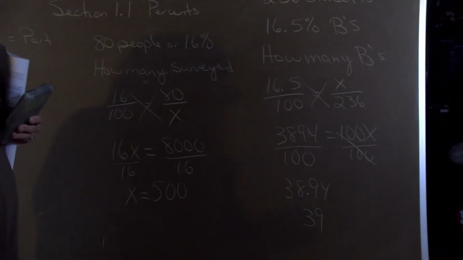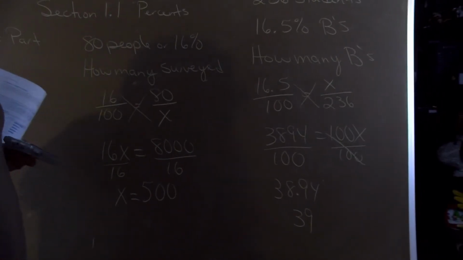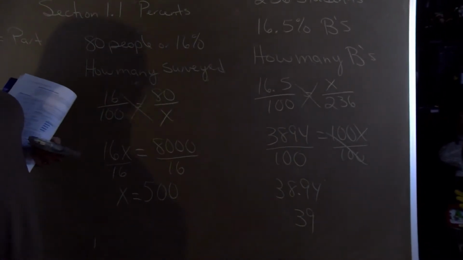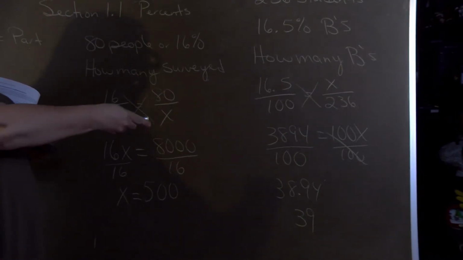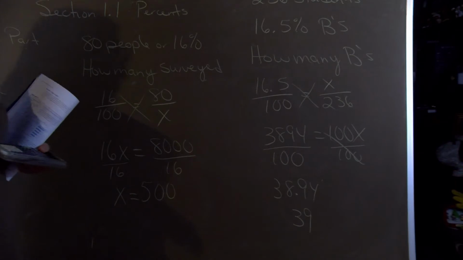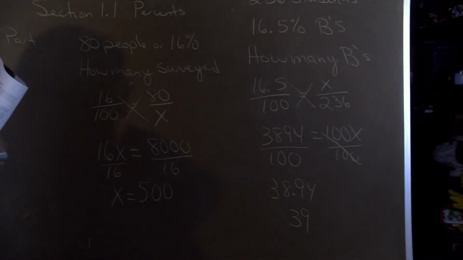So we'd get 38.94 or 38 and 94 hundredths. But of course we can't have part of a student, so we'll round that, and because it's a 9, we'll round up to 39. So 39 students received a B.